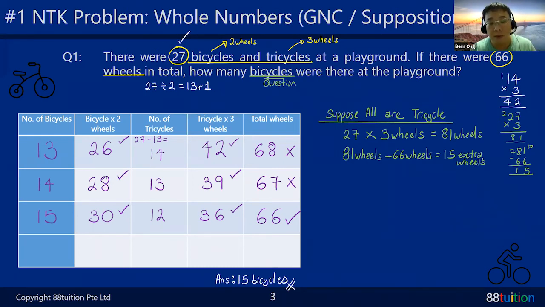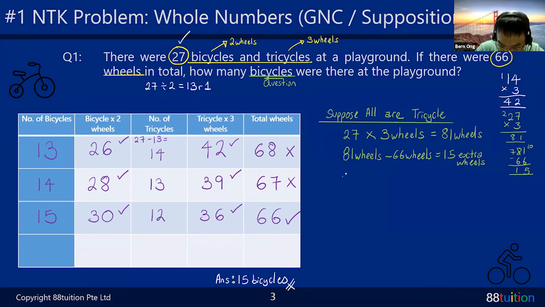So where did these 15 extra wheels come from? Remember, you're assuming that all are tricycles, right? So even the bicycle, one wheel comes out from the bicycle. It's very weird, but it's okay. So here, the next step, you compare what? You compare the differences between the number of wheels a bicycle and a tricycle have.